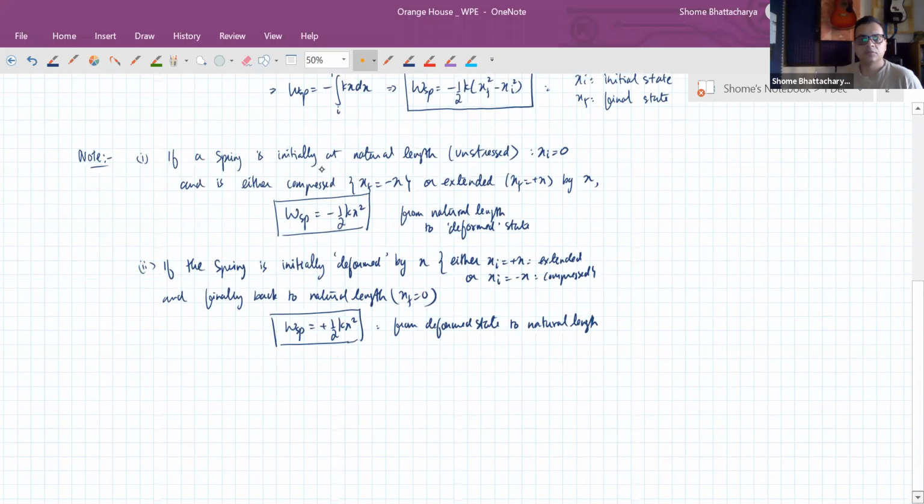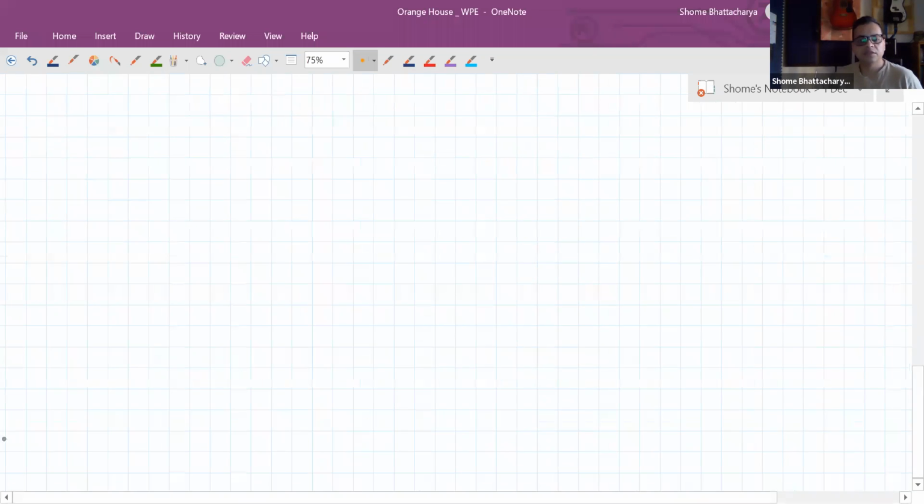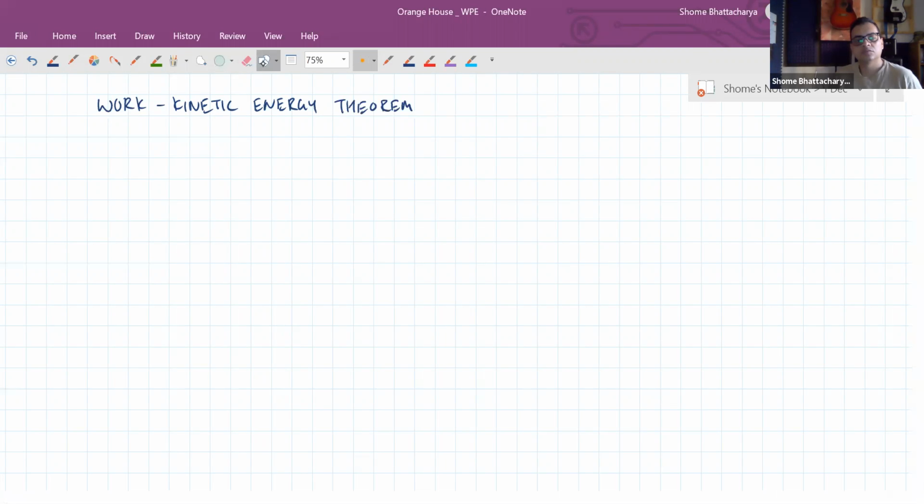Okay, next up we come to our first important theorem, and that is the work kinetic energy theorem. Let's understand the statement of this theorem.